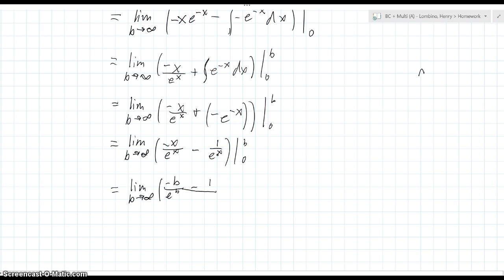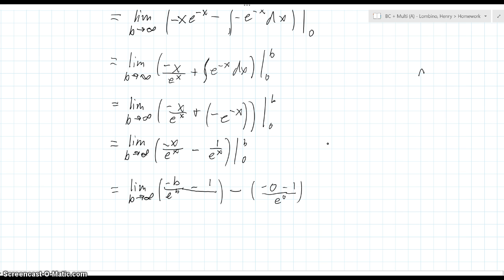So negative b minus 1 all over e to the b. So that's going to be that part. And then that is going to be minus negative 0 minus 1 over e to the 0. Okay?